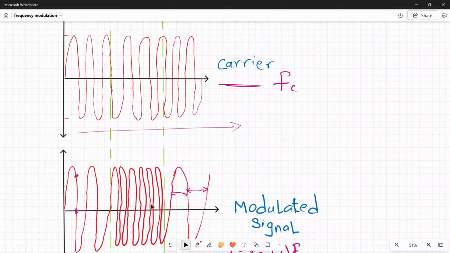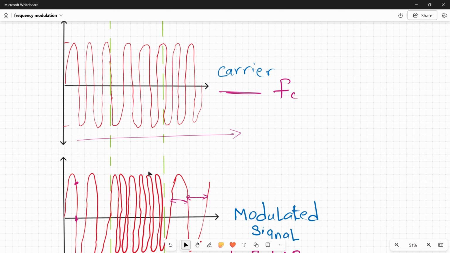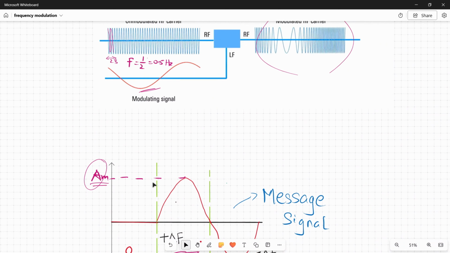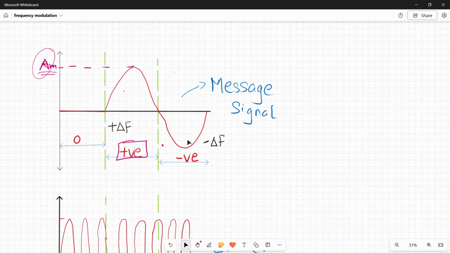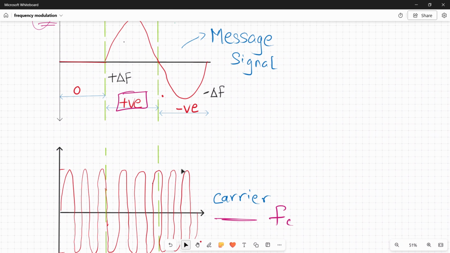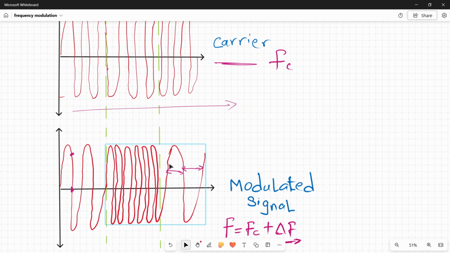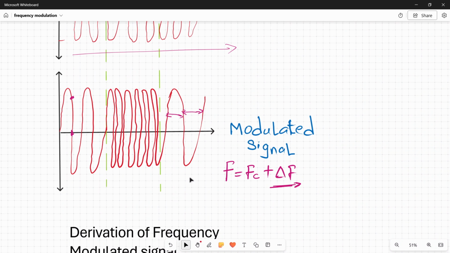More cycles occurred in this particular time spacing. And more cycles actually means an increase in frequency. And when the message signal was negative, or had a low amplitude, it had a lower frequency than the original carrier, meaning there's more space, meaning fewer cycles occurred in that particular time period. I hope you understand this.